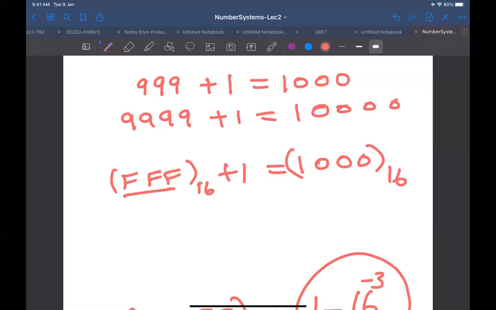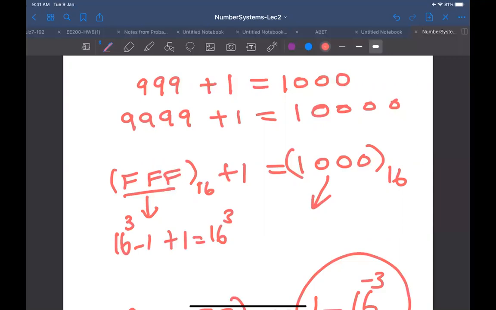Okay? This is exactly the same as, so if you convert this to decimal and convert this to decimal, which is what? As we learned from the first property, it's 16 to the 3 minus 1, right? And if you add 1 to it, you get what? 16 to the 3, right?